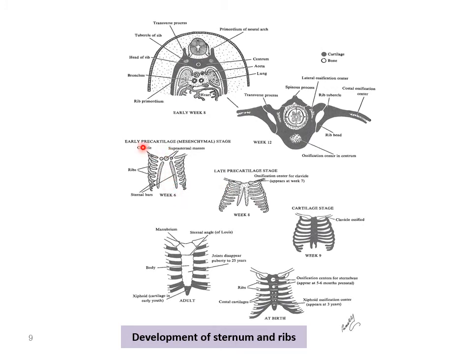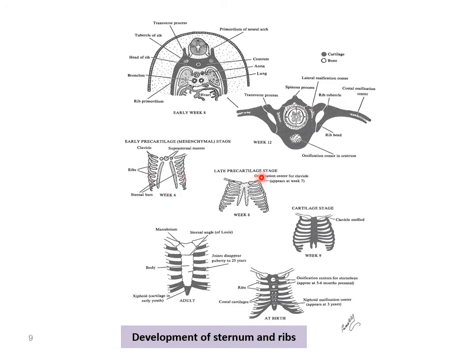For the sternum, we have early precartilaginous stage, late precartilaginous stage, and cartilage stage, and then at birth. The precartilaginous stage or mesenchymal stage, in week 6, we have two sternal bars and suprasternal masses, here 3, and the ribs also are formed in the mesenchymal stage.